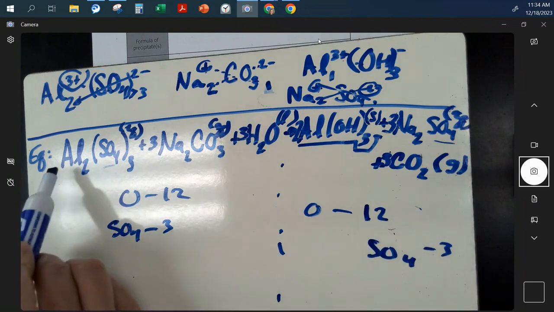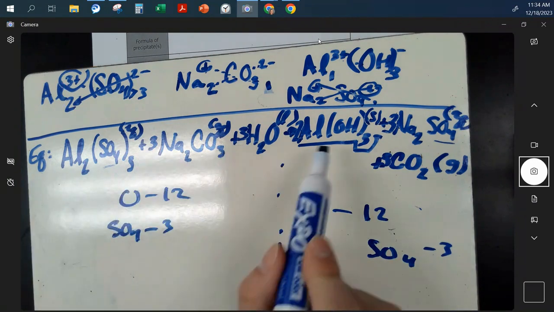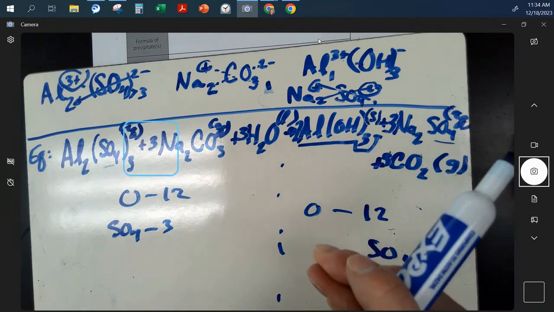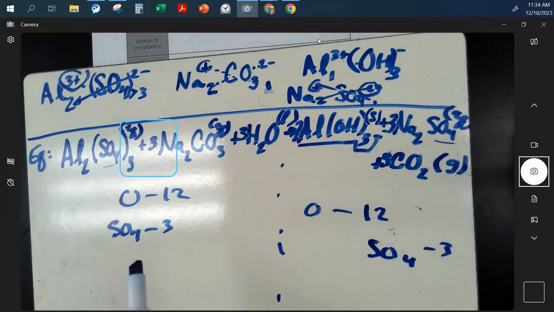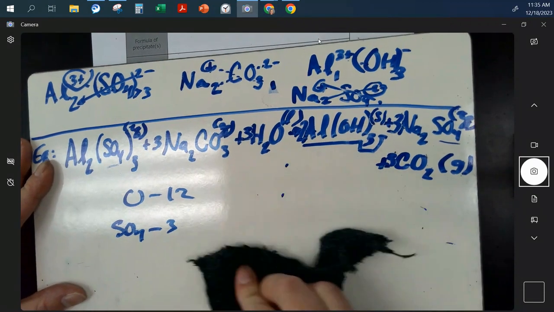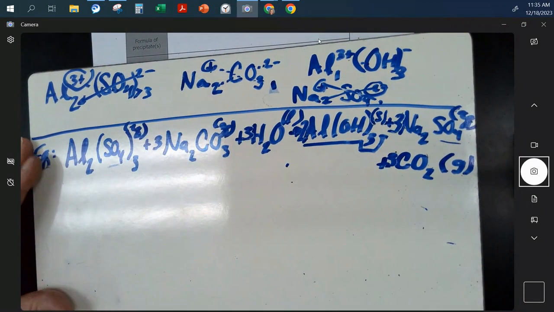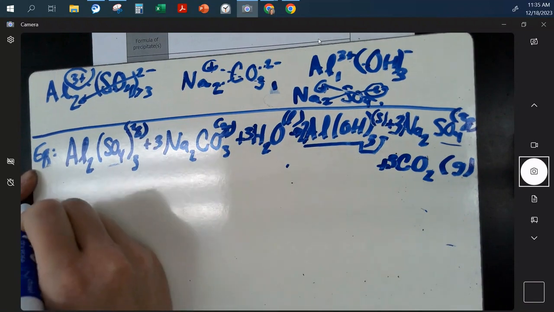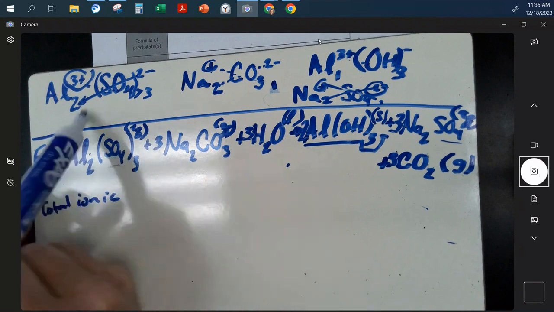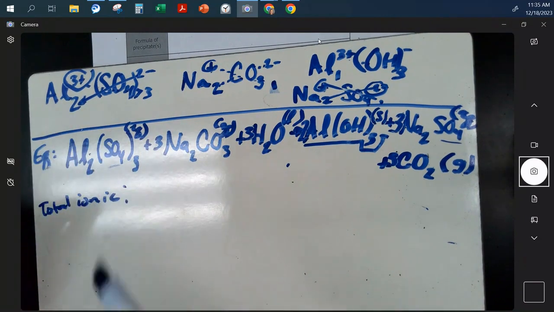So I needed a nothing here, a 3, a 3, a 2, a 3, a 3. And that's simplified also. You want to make sure that you can't divide a 3 out of all of them or a 2 out of all of them, all of the coefficients. Okay, so now we have our balanced chemical equation. So the next part is the net, or total ionic. Total ionic. Do you remember what to do for the total ionic equation?